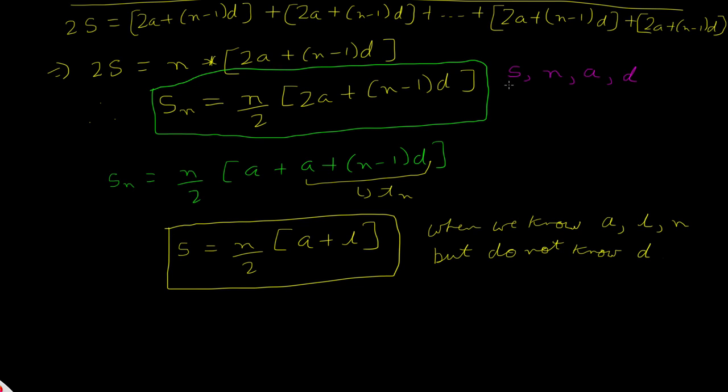If we know any 3 of these things, then we can find the 4th variable. So if we know, let's say, the number of terms, the first term and the common difference, we can find the sum. If we know the sum, number of terms, the first term, then we can solve for the common difference. We will solve more examples in the coming lectures, so this will keep on getting more clear.